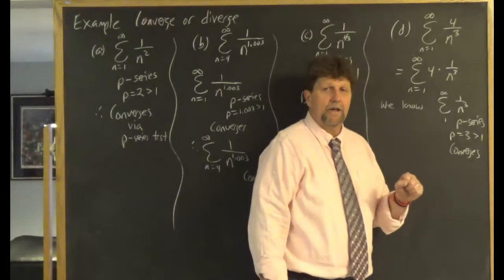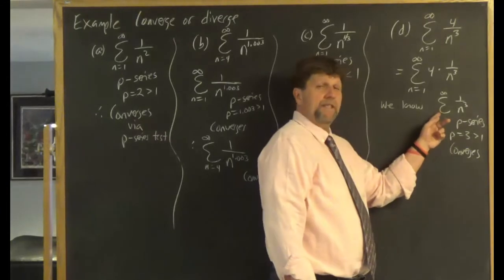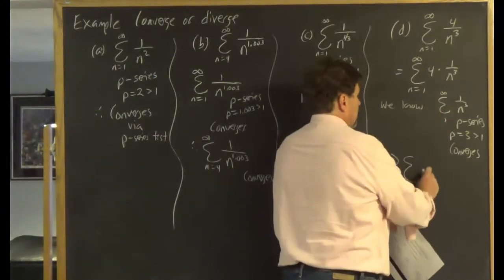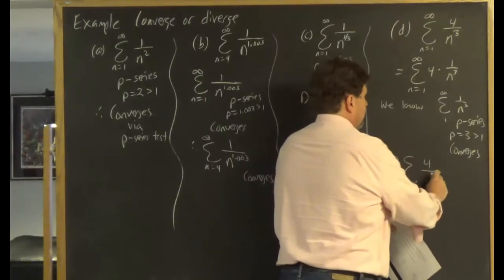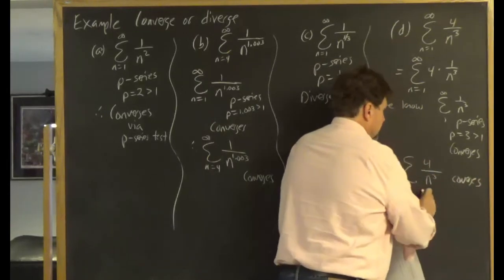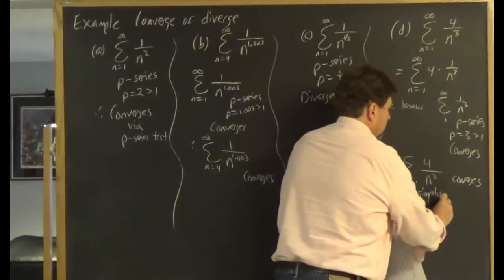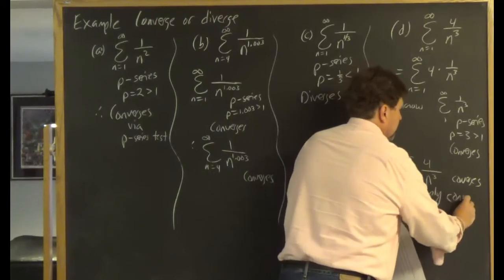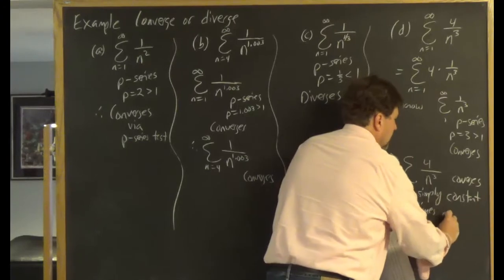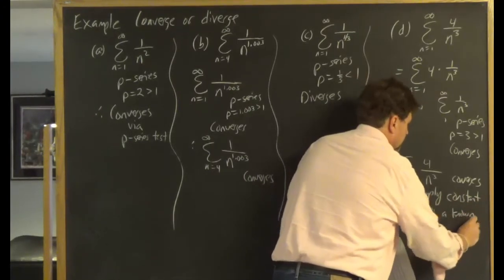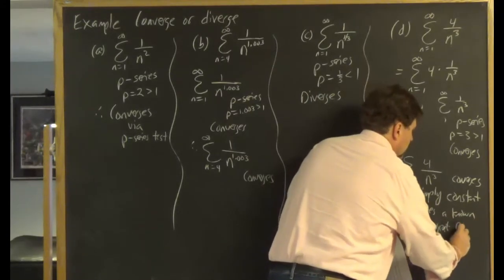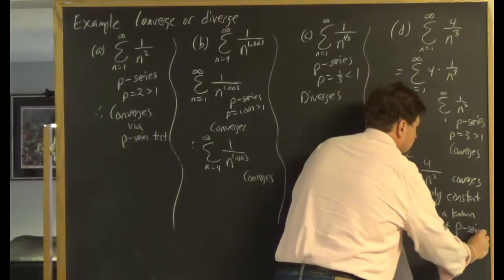It doesn't change it at all. So since we know this series converges, that tells us the series 4 over n cubed converges, because it's simply a constant times a known convergent p-series.